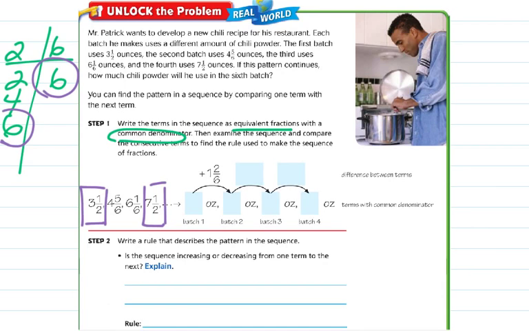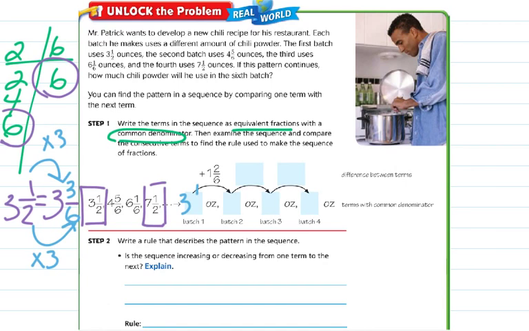So what we're going to do is take 3.5, and we think to ourselves, what am I going to multiply 2 by to get 6? We know that would be 3, so we have to multiply the numerator 1 by 3. So our new fraction is 3 3/6. So now that we have that equivalent fraction, we can write that 3 3/6 in the first batch.